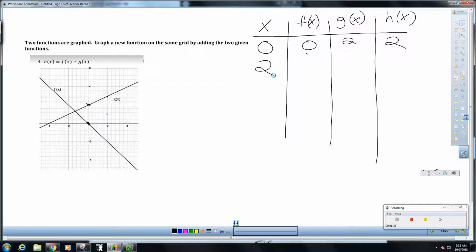For f of x, if I put in a 2, I get a negative 2. For g of x, if I put in a 2, I get right in between a 2 and a 4. So I'm going to call that a 3. If I add negative 2 and 3, I get a 1.